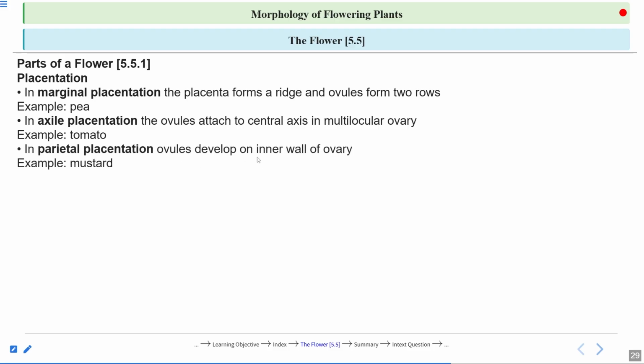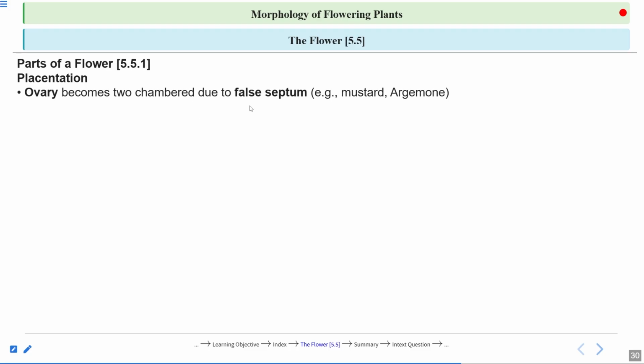Parietal placentation: ovules develop on the inner wall of the ovary, that we see in the case of mustard, right? The ovary becomes 2-chambered due to the false septum. When you see the fruit of mustard, you see there is a false septum, that you see in the case of mustard and argemone.